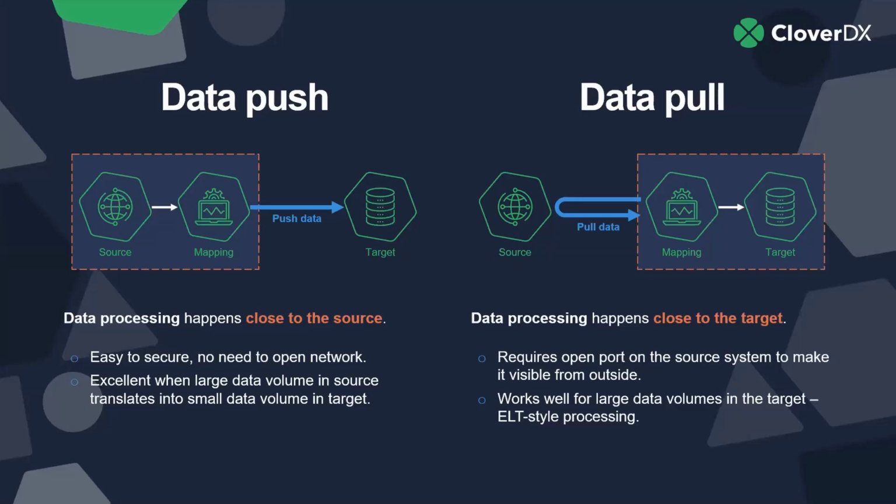On the other hand, what you can do is data pull, meaning that you locate your data processing near the target. In our case, this will always be the cloud, which makes it interesting, especially if you need scalability, but it's also a little bit challenging when you want to load data from on-premise systems, because it means that your data process needs to actively pull data from your source, which means that you have to open a port or open your network a little bit on your system to allow the cloud to see the resources inside it.